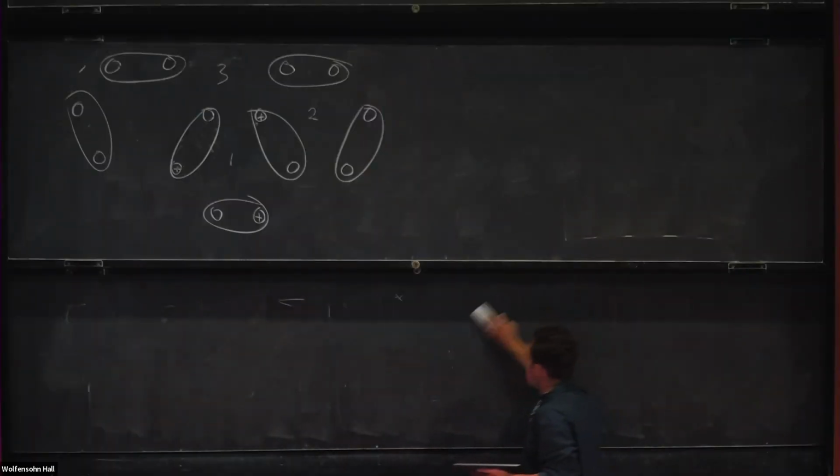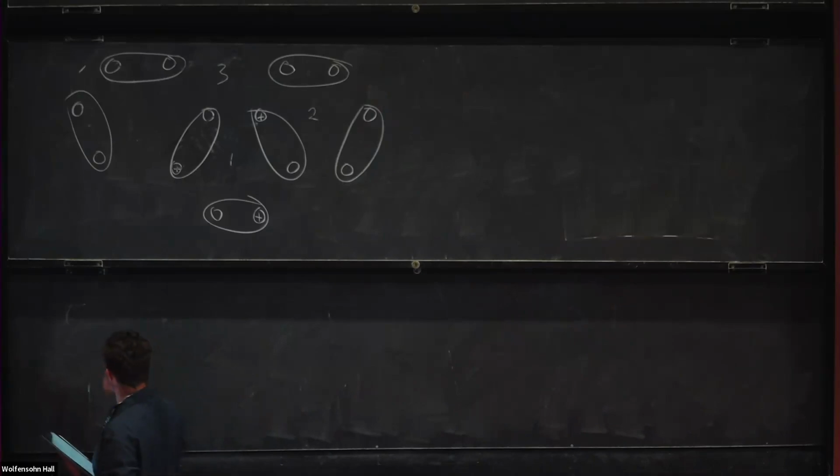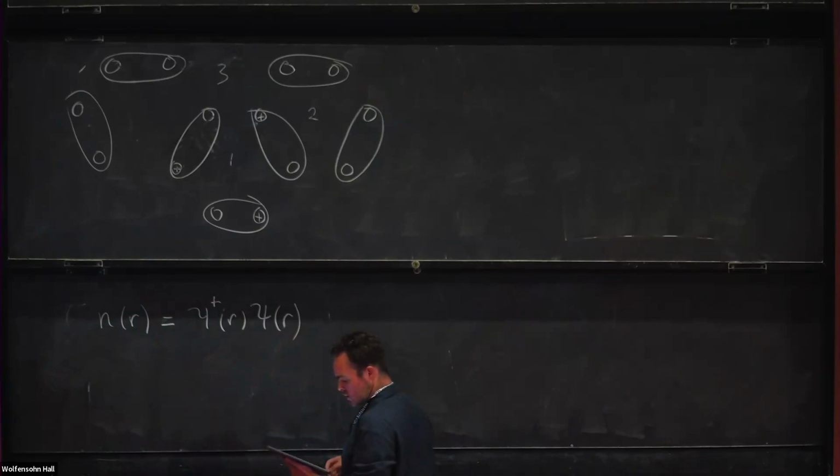So let's remind ourselves, what is the density operator I'm talking about? Well, n(r) is, of course, psi dagger(r) psi(r). I could sum over spin if I want, but I won't for now. I'll just suppress spin.